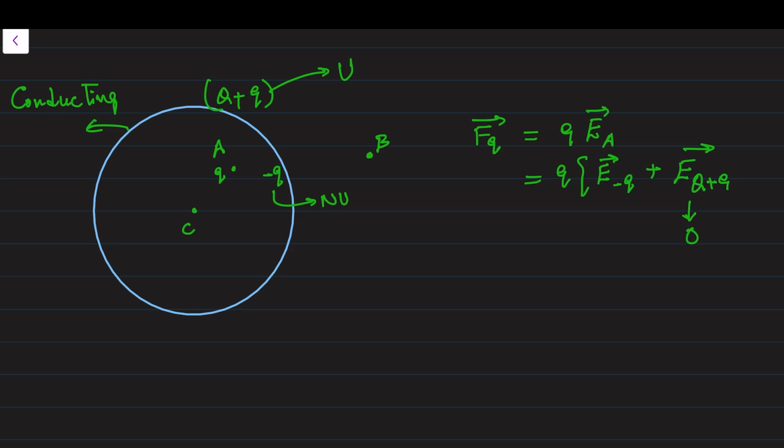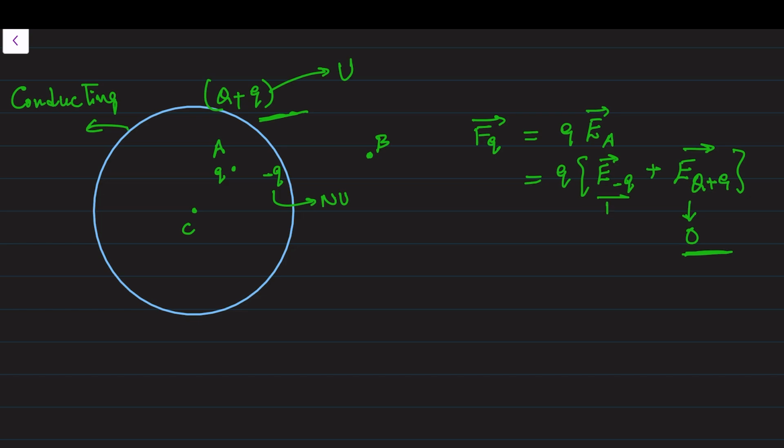This comes out to be 0 because of two reasons. Electric field due to any outside charges of a conducting shell at any inside point is 0. Or also you can say that it is uniformly distributed charge. So due to any uniformly distributed hollow sphere, electric field is 0 at an inside point. So by two reasons you can say it is 0 only.